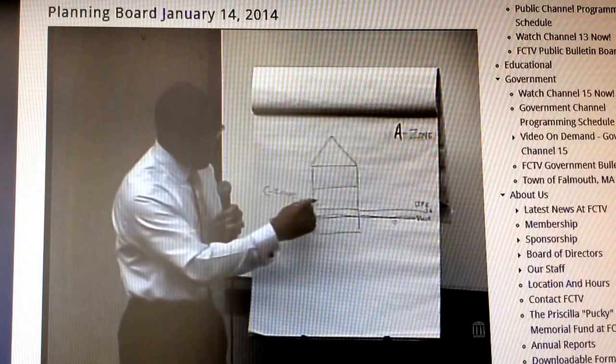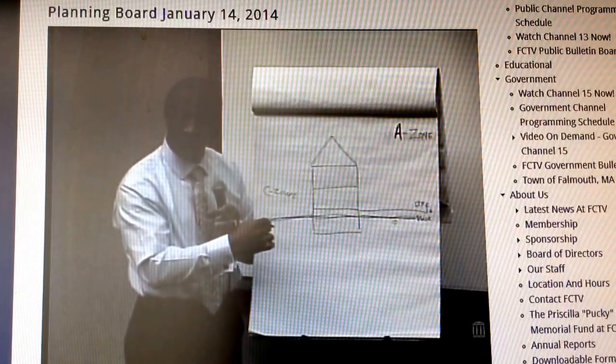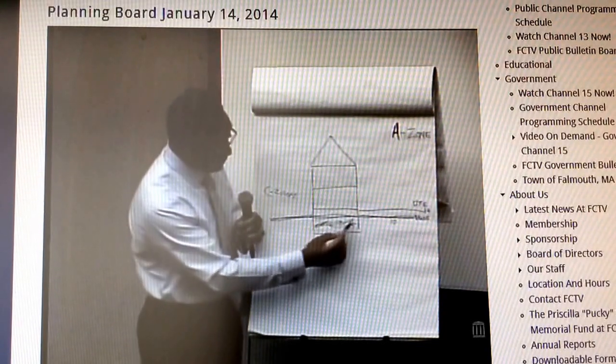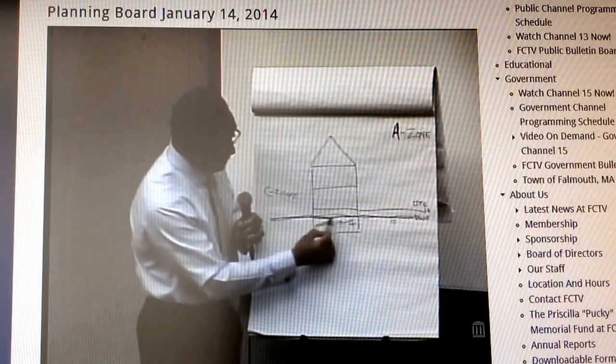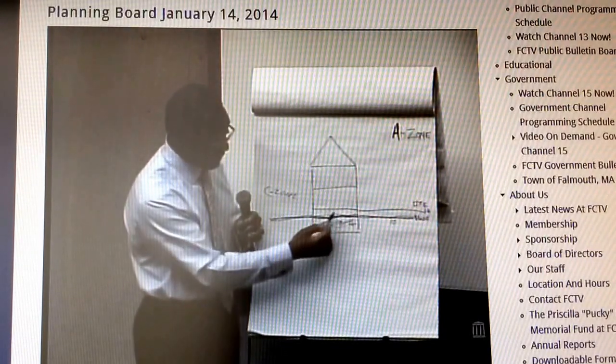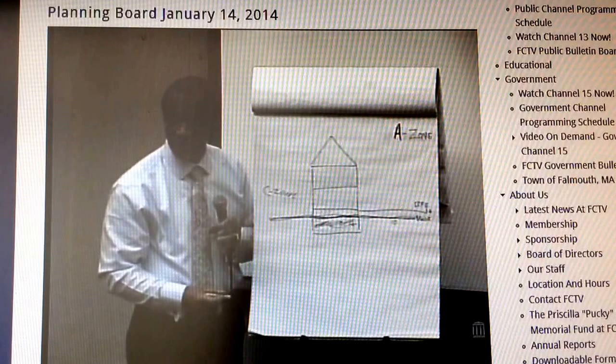So to bring this house into compliance, they would have to fill in this area so that the slab inside, or the grade inside, would be equal to or greater than the grade outside.